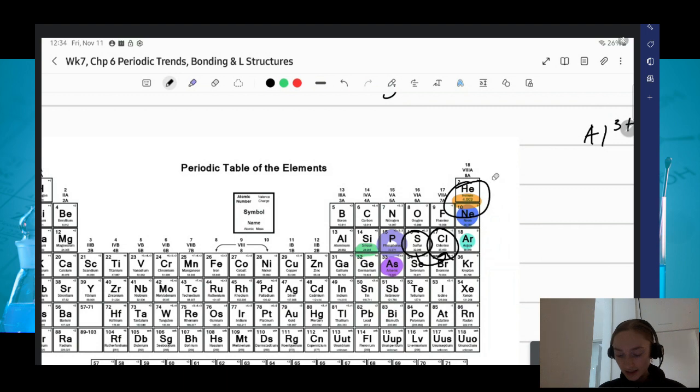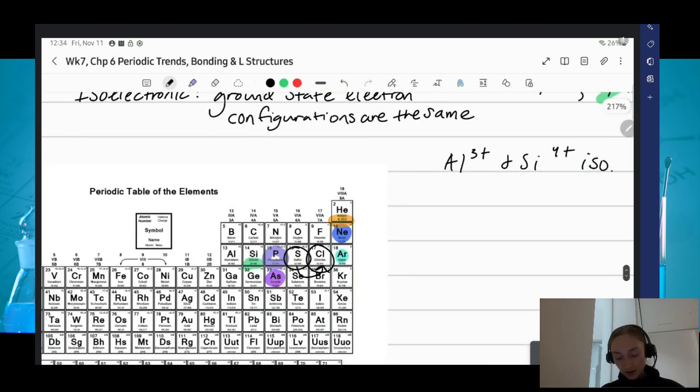I know this is tricky to figure out, but you just really have to be consistent with where you're placing these original marks on your periodic table, and then where they go to, depending on their ground state charges. So the aluminum and silicon are isoelectronic, as well as the chlorine 3 plus and sulfur 2 plus.